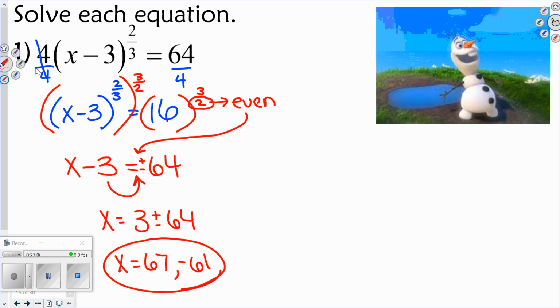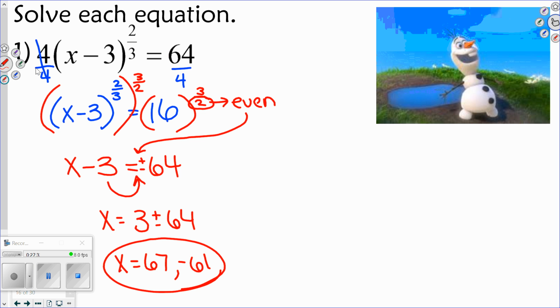Reason being, kind of like we did with squares. If I said 5 squared is 25, what's negative 5 squared? Still 25. Both the positive and the negative still gave me the positive 25. Same thing here, like think about it with evens.